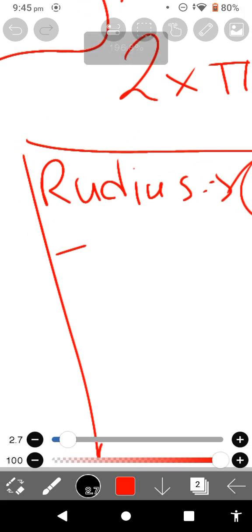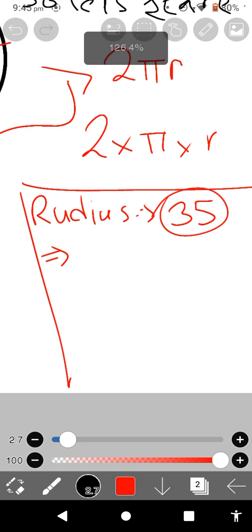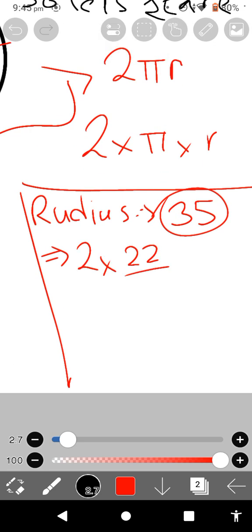So this will be 2 into 22 by 7, as we all know that is the value of pi, 3.14, and then we take 35.